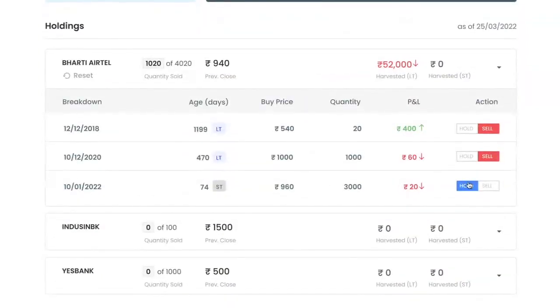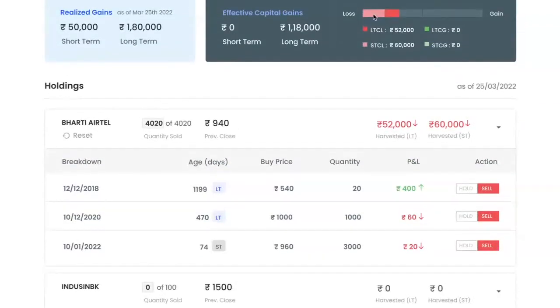Now let's see what happens if I sell my short-term position. When I sell my short-term position, I am again harvesting about 60,000 rupees worth of losses. You can see it in the chart up here. The lighter red is short-term losses. The darker red is long-term losses. What's interesting here is my short-term gains, which were 50,000 rupees, have now come down to zero, right?